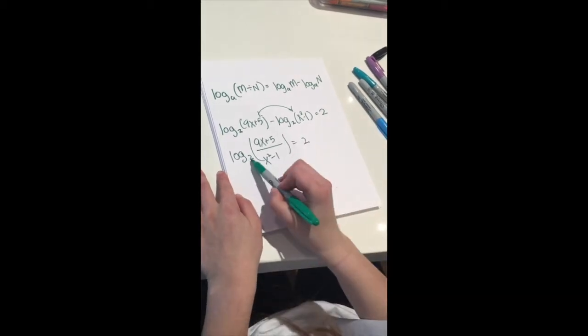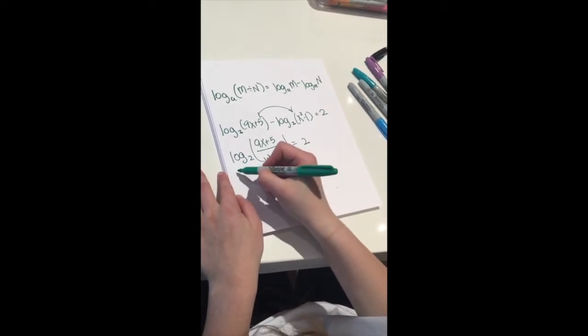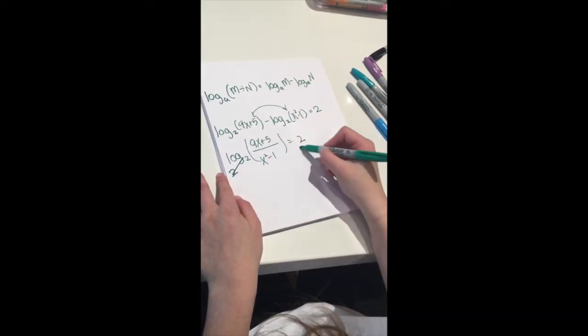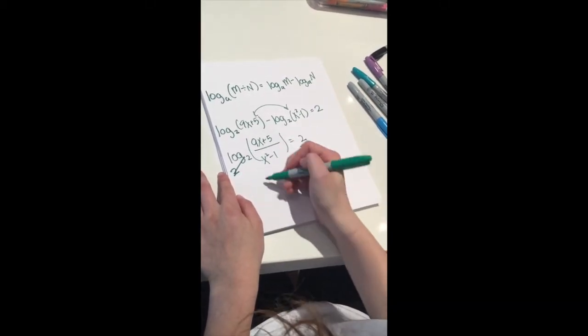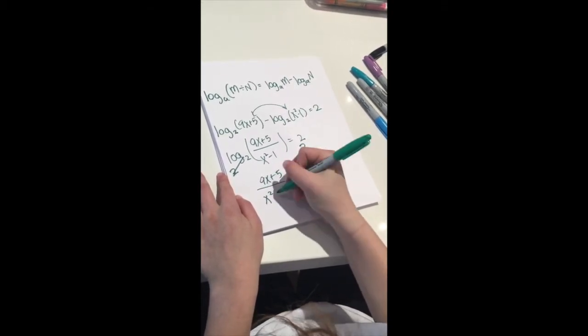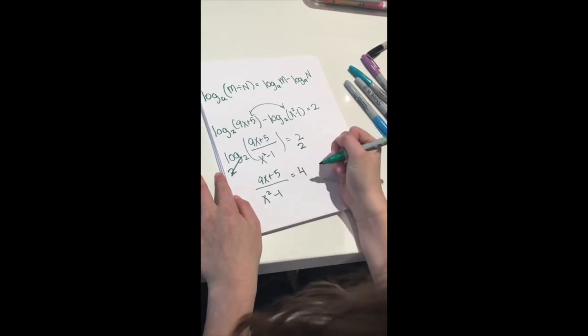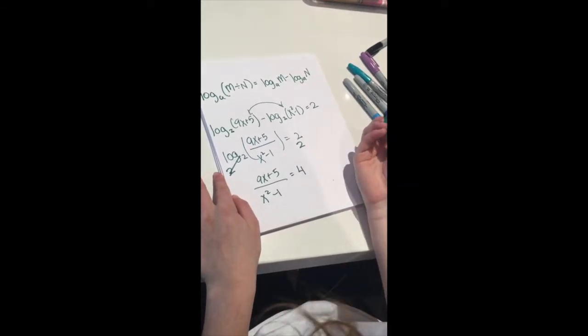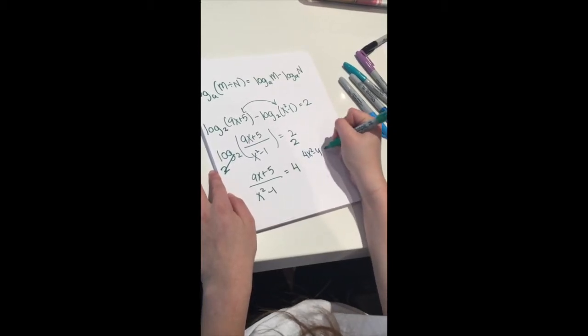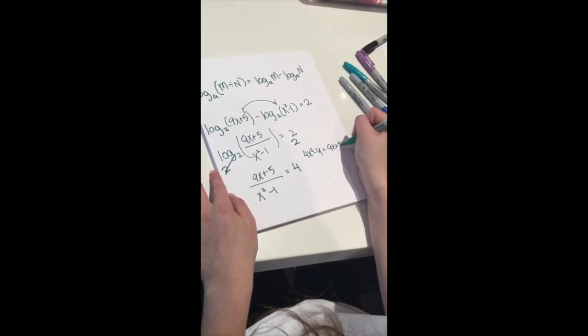Now, to get rid of this log, you have to take this side to the base 2 and do this to the base 2. So now you get 9x plus 5 over x squared minus 1 equals 4. So now you can just cross multiply and solve it like a simple algebra problem. So you get 4x squared minus 4 equals 9x plus 5.